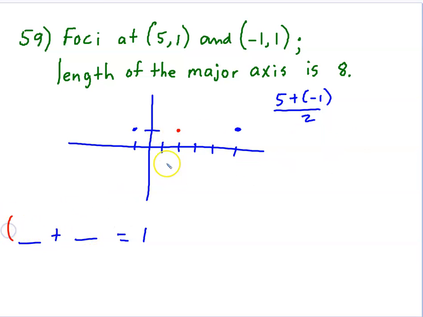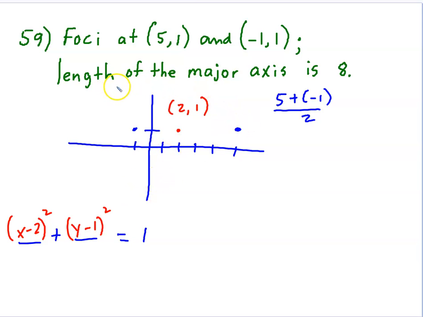So let's do our equation. So here's the point (2, 1). So it'll be x minus 2 quantity squared plus y minus 1 quantity squared. And let's see what else that we know.